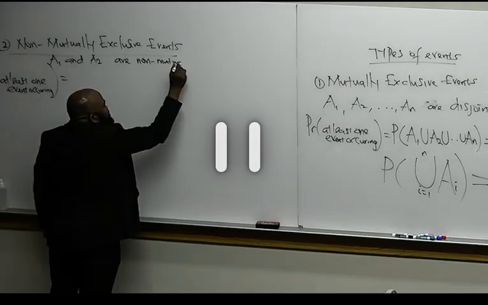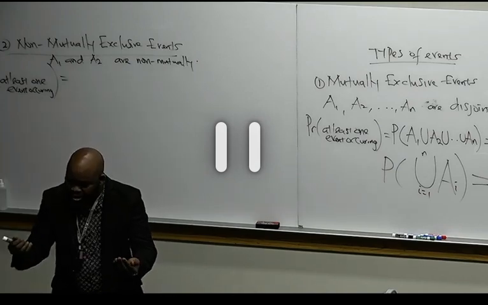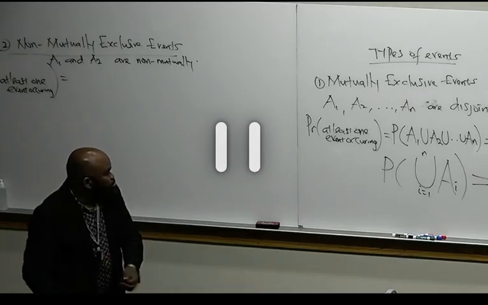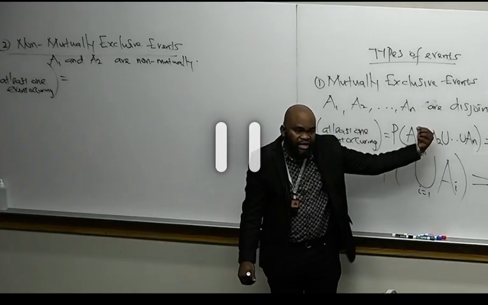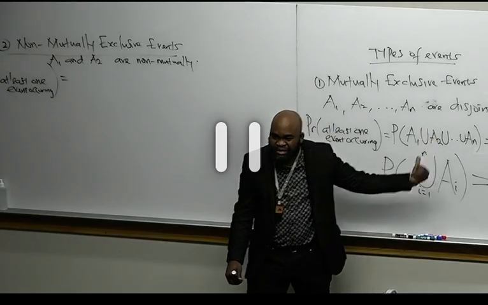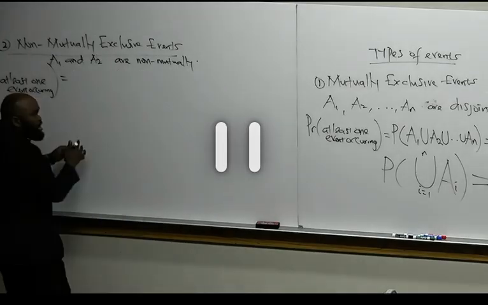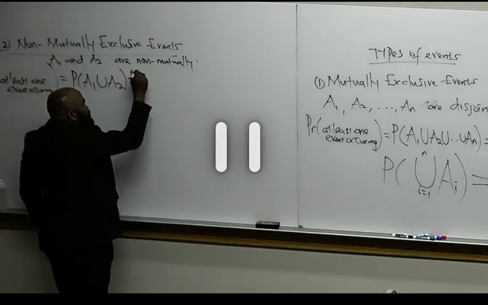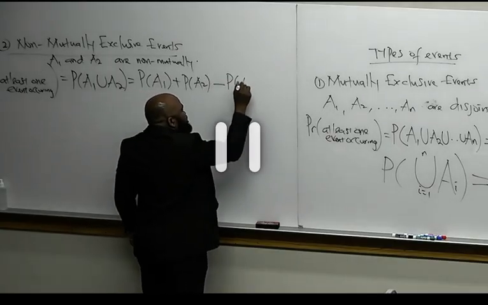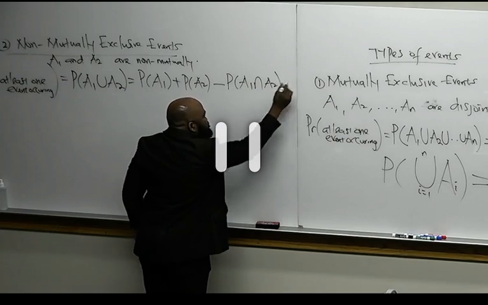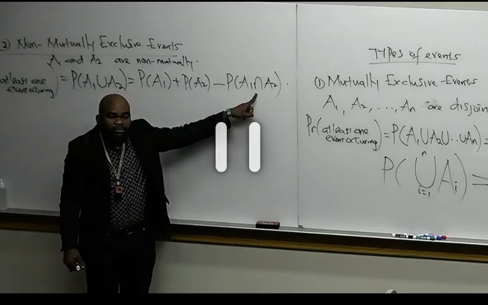When we say non-mutually exclusive, it means they can occur separately, and they can also occur together. But in the earlier situation, they can only occur separately, they cannot occur together. Does that make sense? Now, in this situation, I want to figure out the probability of A1 union A2, which is going to be the probability of A1 plus the probability of A2 minus the probability of A1 intersect A2. Now, this is the overlap. The overlap needs to be subtracted.